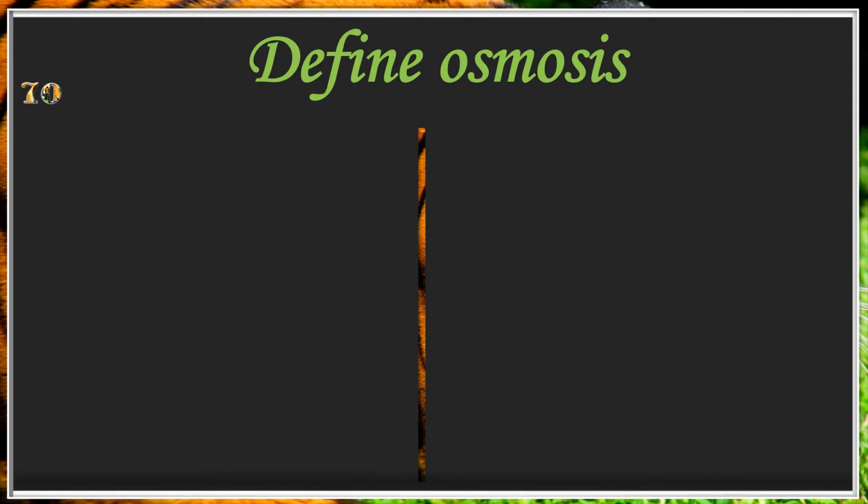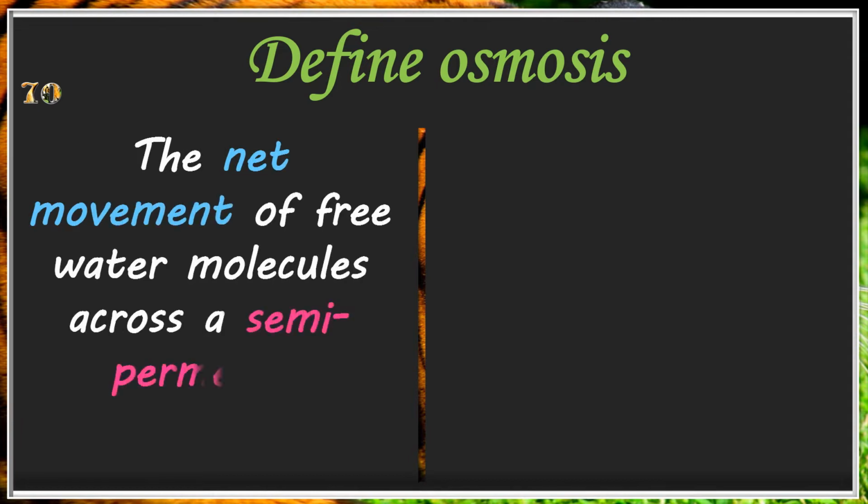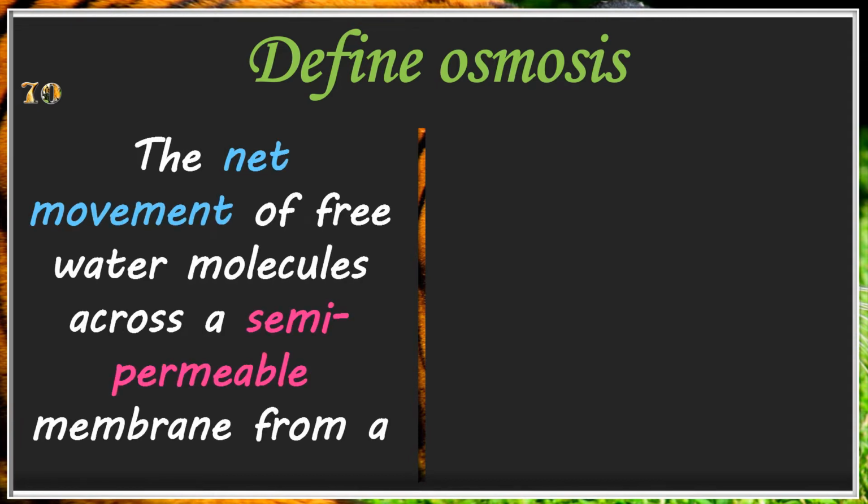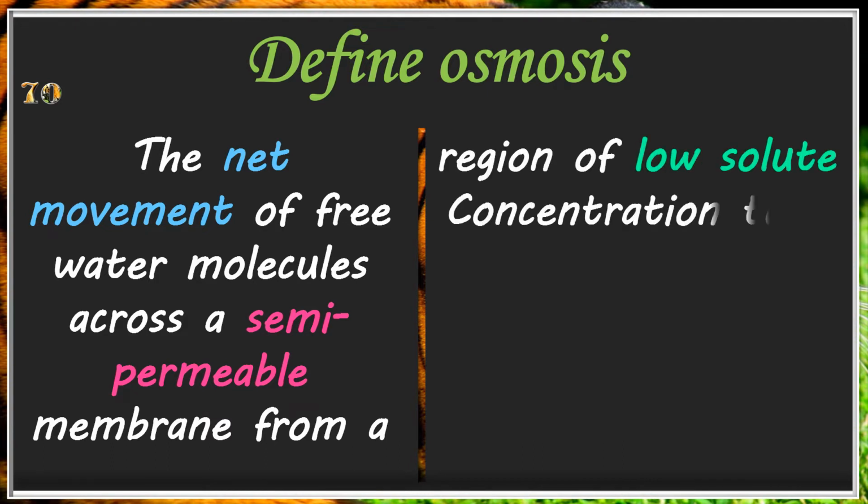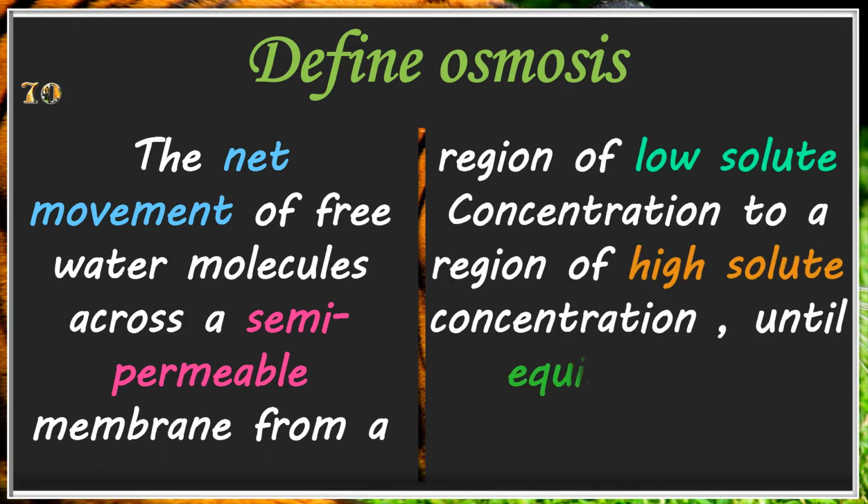Define osmosis. The net movement of free water molecules across a semi-permeable membrane from a region of low solute concentration to a region of high solute concentration until equilibrium is reached. That is osmosis.